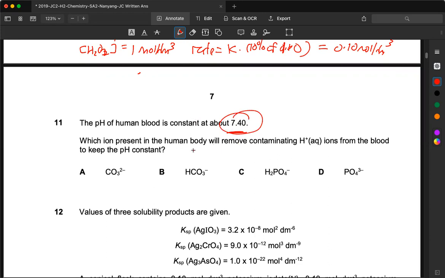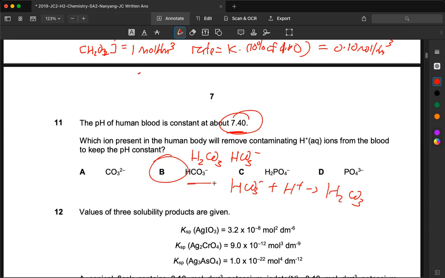Human blood is buffered by this. The weak base will react with and remove some amount of H+ to keep the pH around 7.4. So this is the equation that helps to balance the pH. So it will be B. It's based on recall.